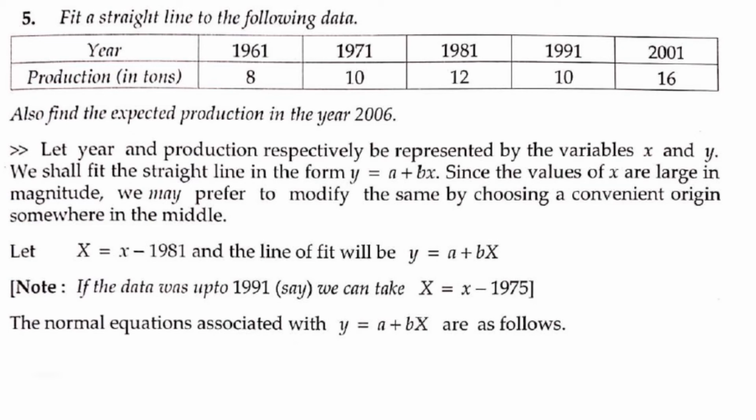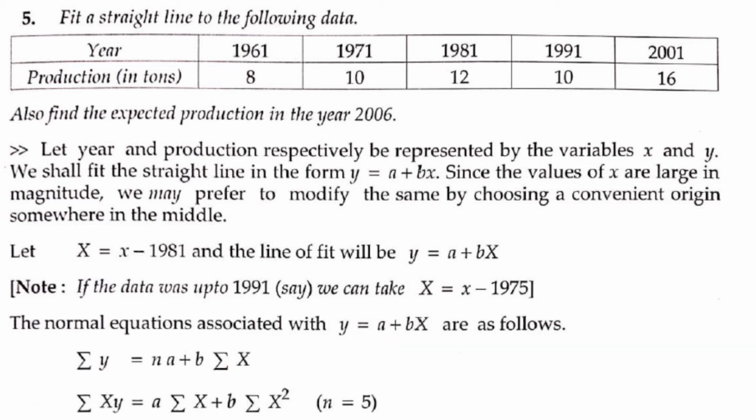Now the normal equations associated with this type of equation are as follows. In the place of small x, we have to take capital X in the normal equations now. Instead of small x we have taken capital X because our variable for now is capital X. The second equation, and n is equal to 5 here.